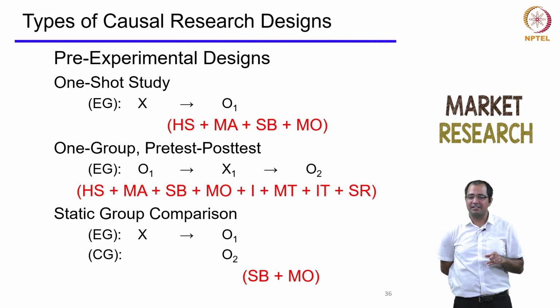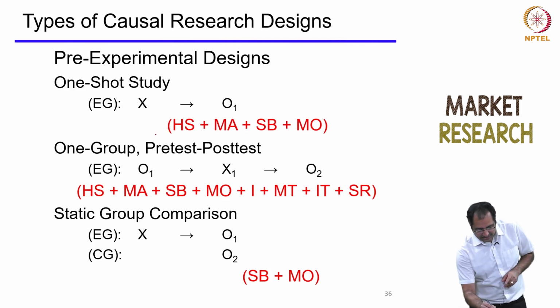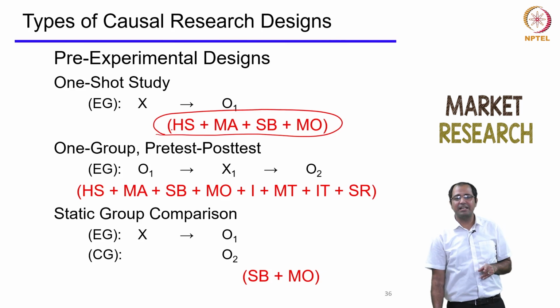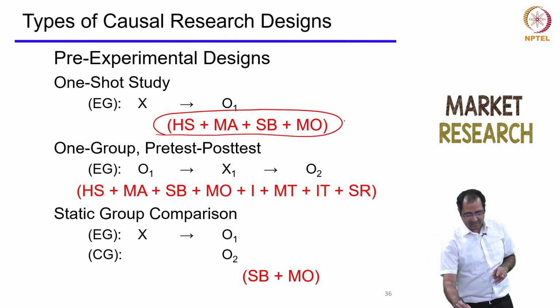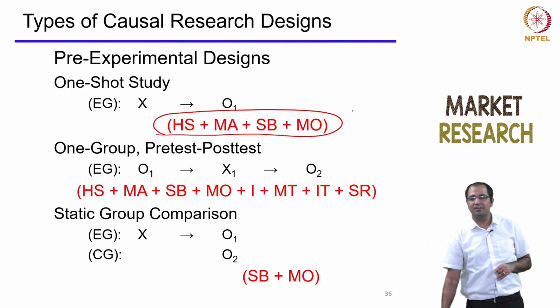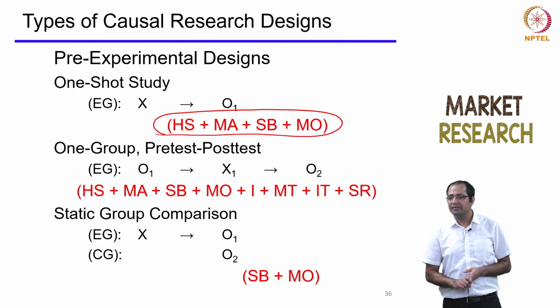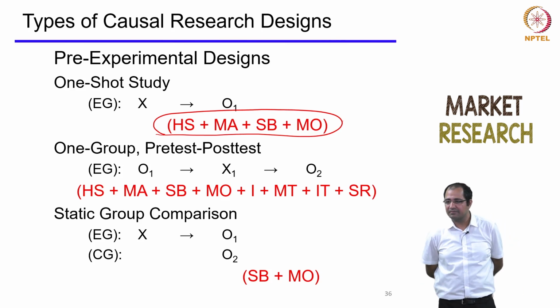And what I have written below in red color are the confounding or external variables that disturb the internal validity, that would not allow us to conclude that X is a cause of Y, because their impact is also coming.